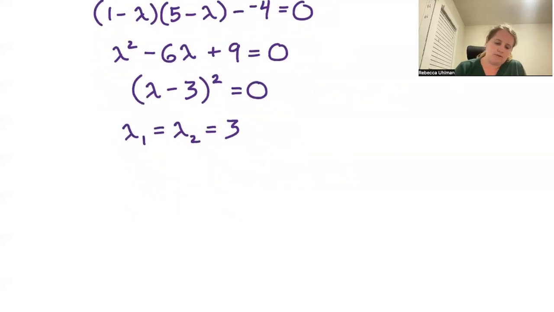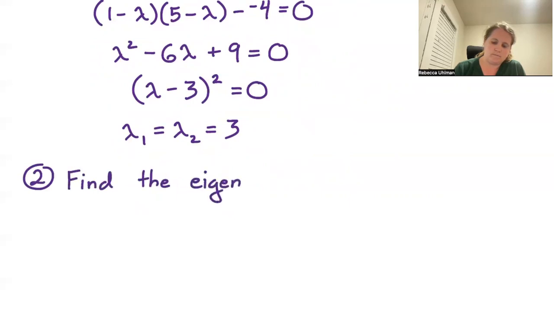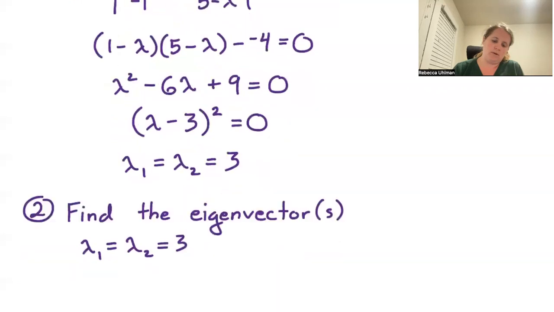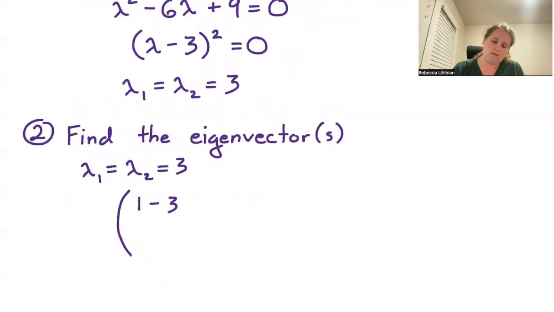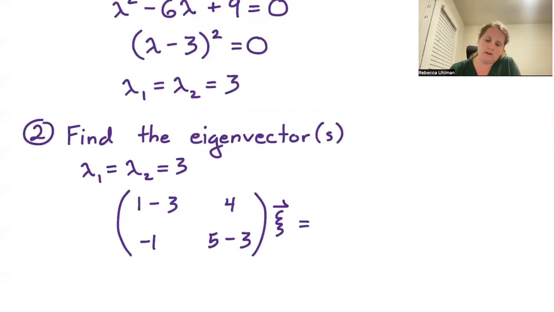Our next step is to find the eigenvector or vectors. So for lambda 1 equaling lambda 2 equaling 3, we are looking at 1 minus 3, 4, negative 1, and then 5 minus 3, all times psi is equal to the 0 vector.